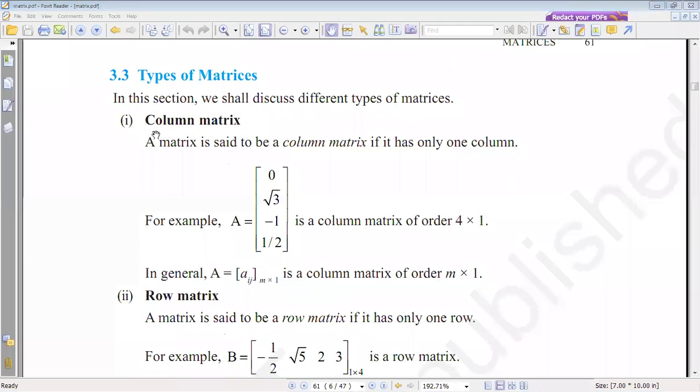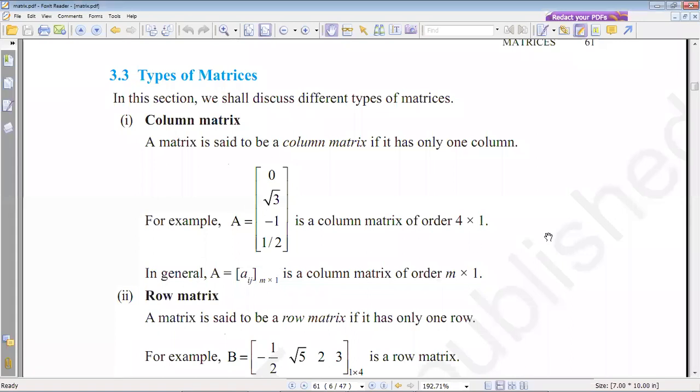See here, the first one is the column matrix. A matrix is said to be a column matrix if it has only one column. This matrix has only one column. Clear? Therefore it is called a column matrix.